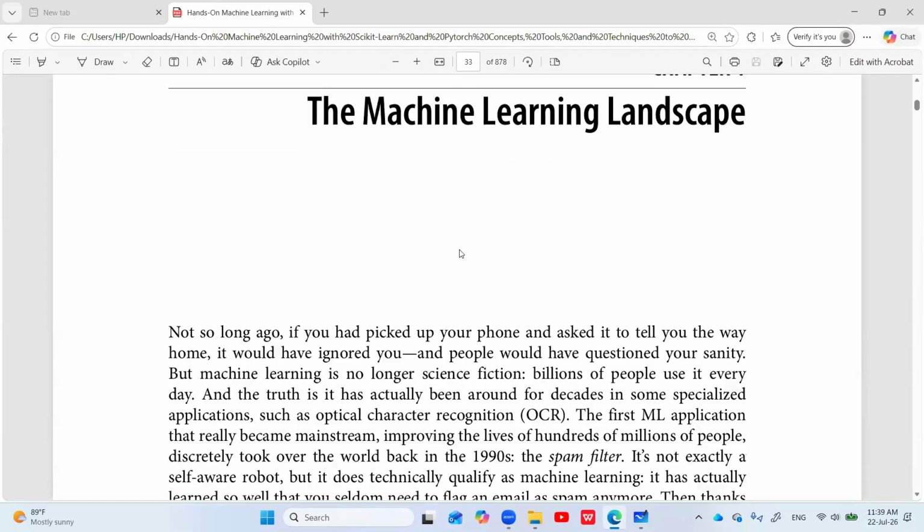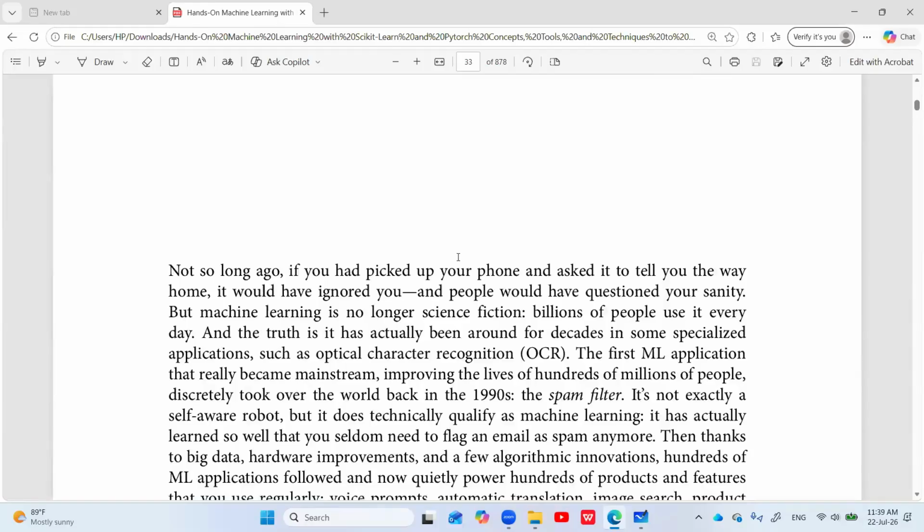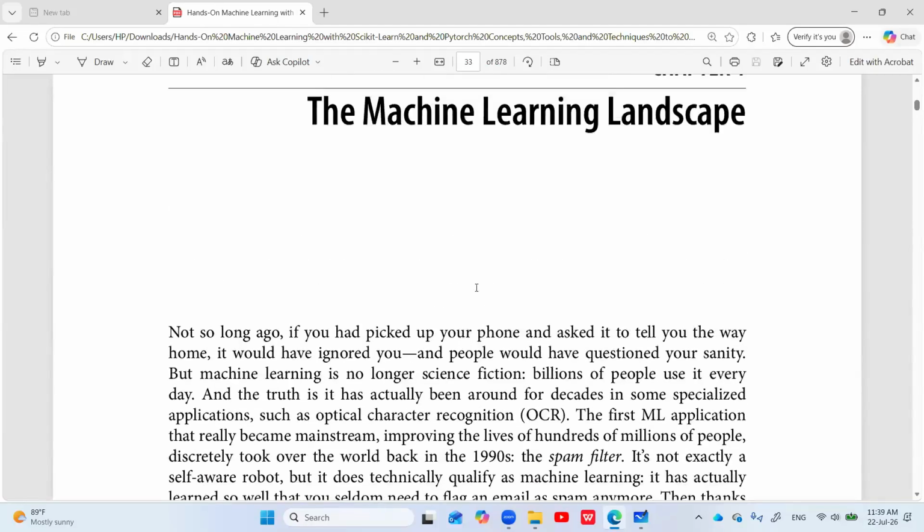Okay, the machine learning landscape. Not so long ago, if you had picked up your phone and asked it to tell you the way home, it would have ignored you. As an example, in the years around 2000, the new millennium, phones from that era were not smartphones.